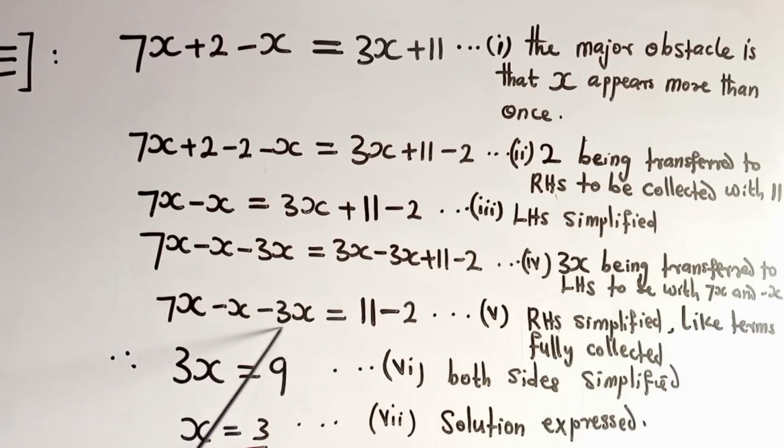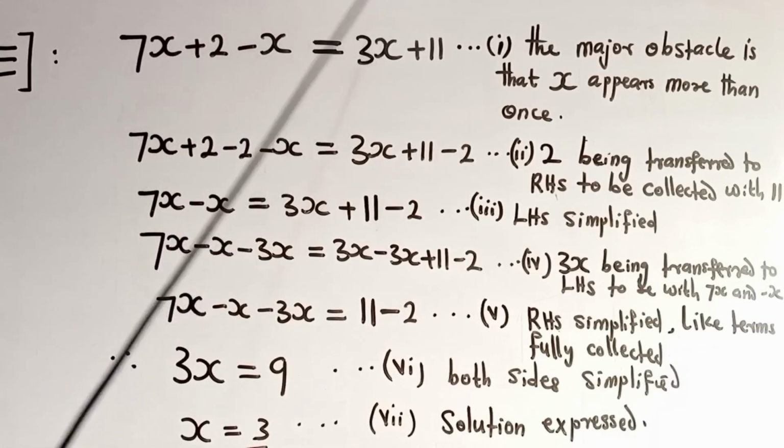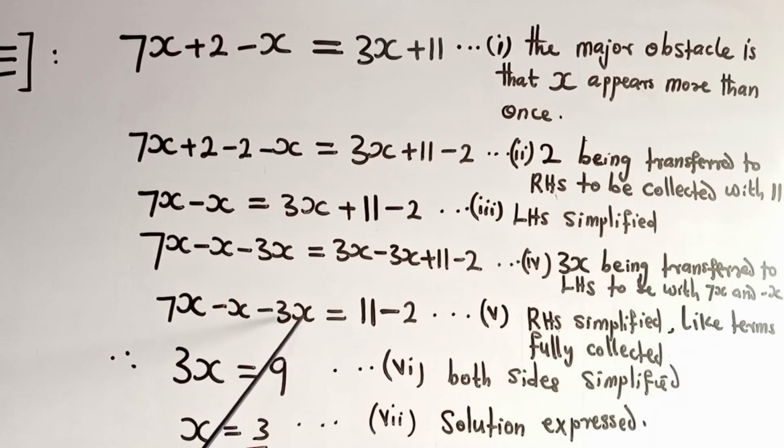I hope you now know how this came to be. They used to be in different places before in the foregoing equation, but now look at them here, collected. All terms in x on one side, then all constants on another side. That means that the right-hand side is simplified and like terms are fully collected.